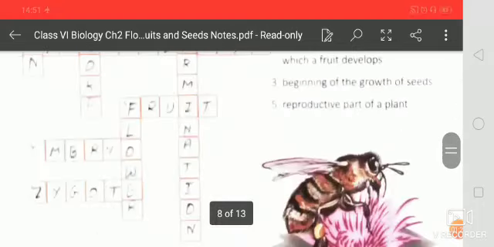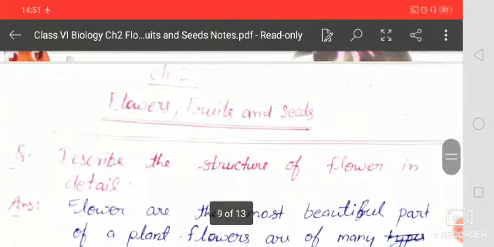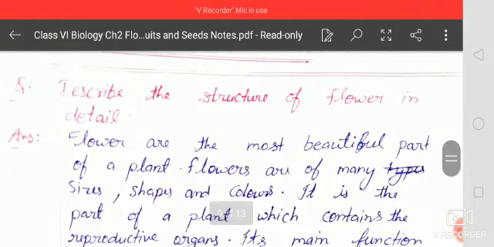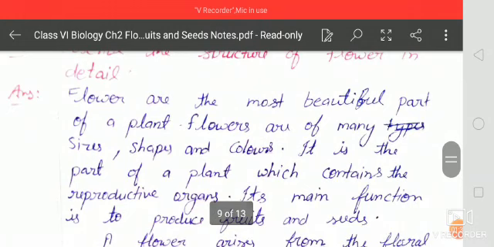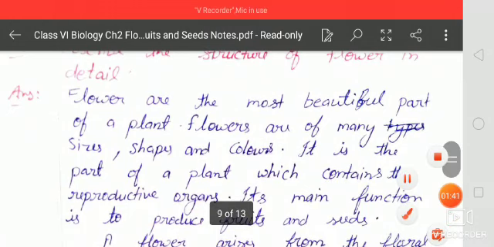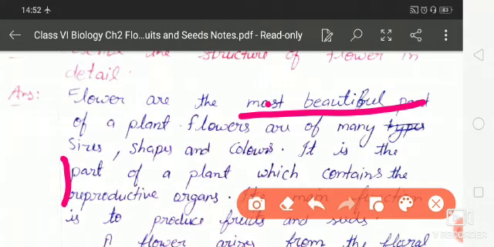Now next one, students, is the puzzle, and in question answer for flowers, fruits and seeds, the first one is: describe the structure of a flower in detail. So you know that there are four parts of a flower, that is calyx, corolla, androecium and gynoecium. Flowers are the most beautiful part of the plant. Flowers are of many sizes, shapes and colors.